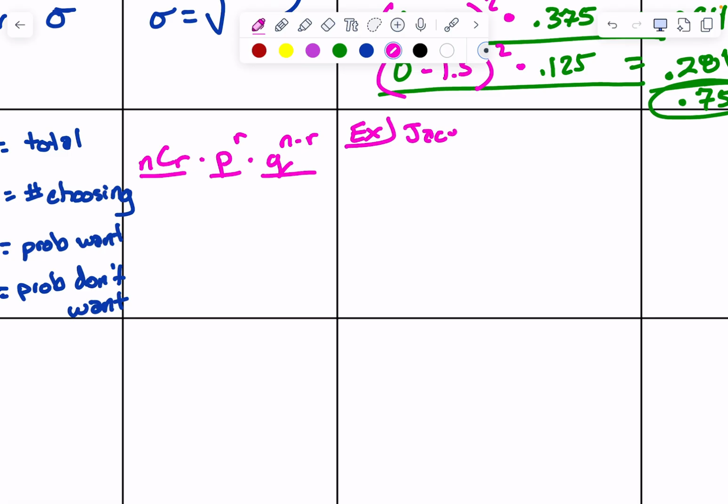Pass fail. Pass fail, I like it. What's the probability of him passing? 0.1. Let's give him a little bit. 40% chance of passing. They don't think you'll pass a test. I'm just joking, we just need an example.